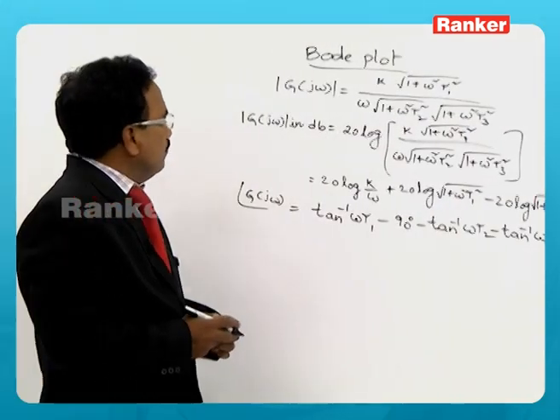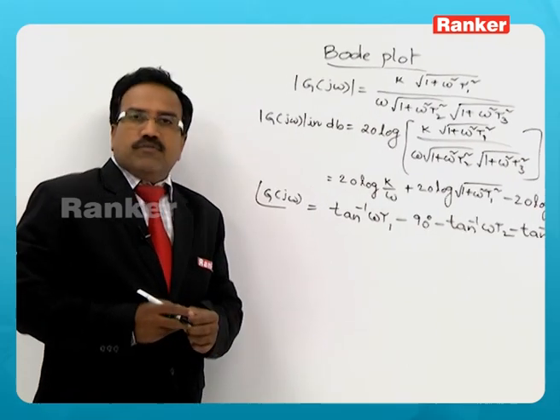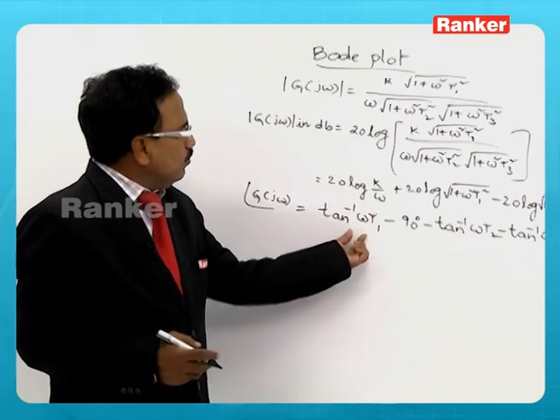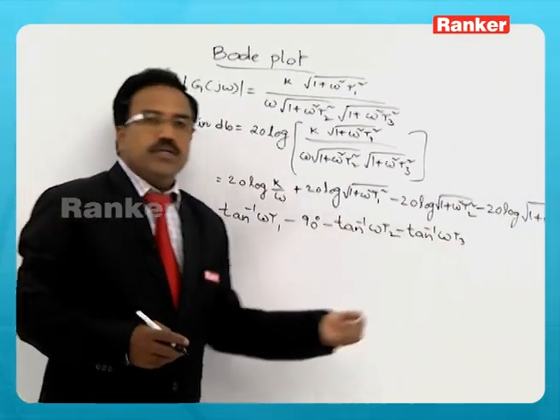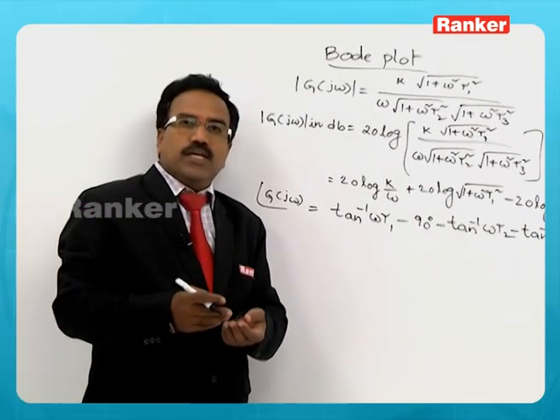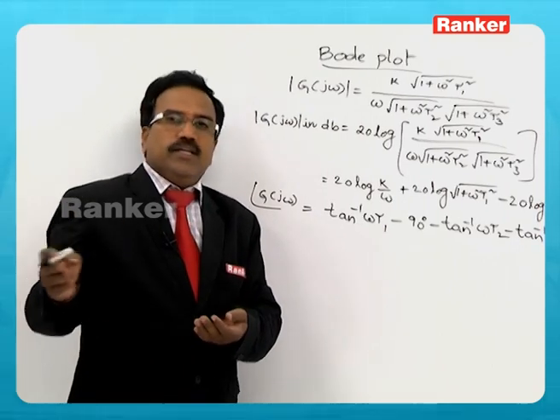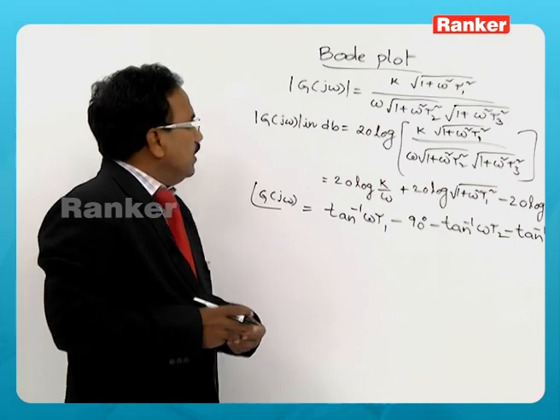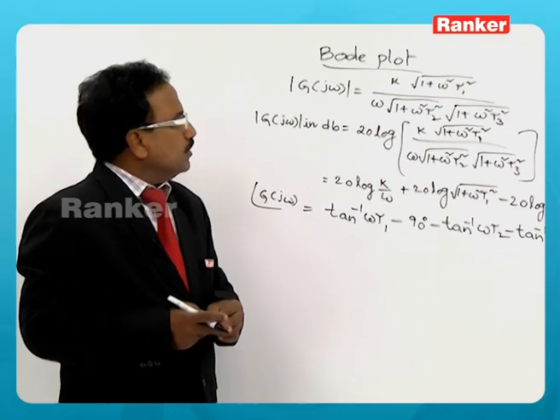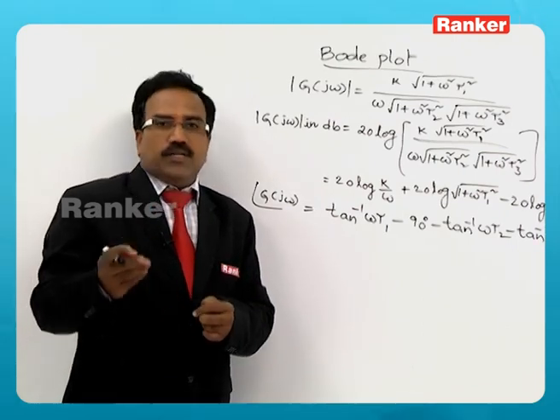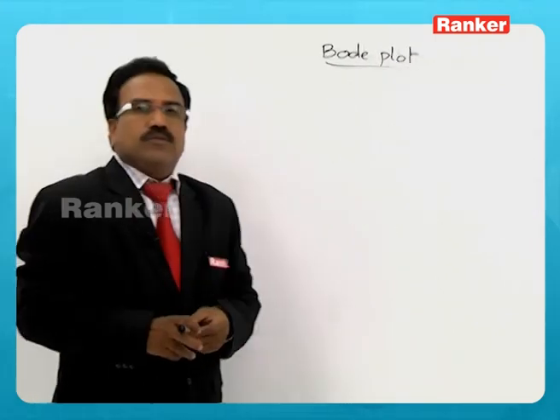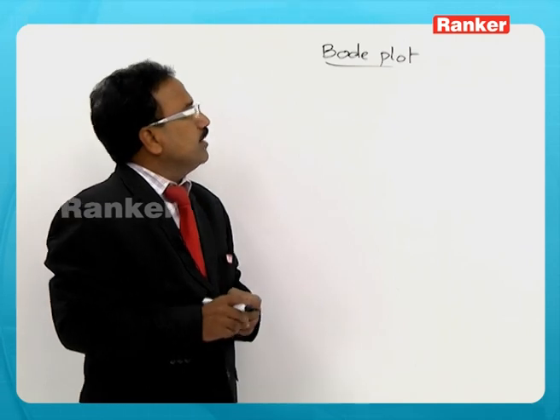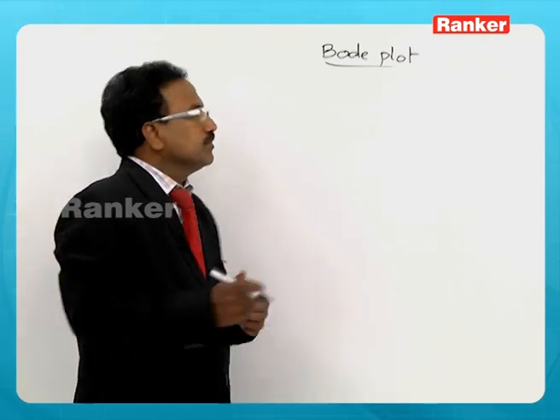This is for the phase angle function. So, you can see that in phase angle there is an omega term, and you need to substitute omega from 0 to high range of frequencies and see how it varies. And similarly, the magnitude function also we should draw for log omega. To sketch the magnitude plot, we should have a knowledge of various terms.